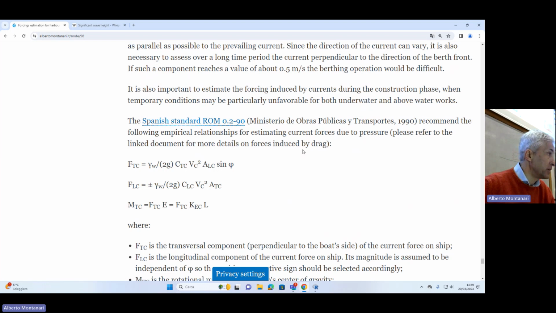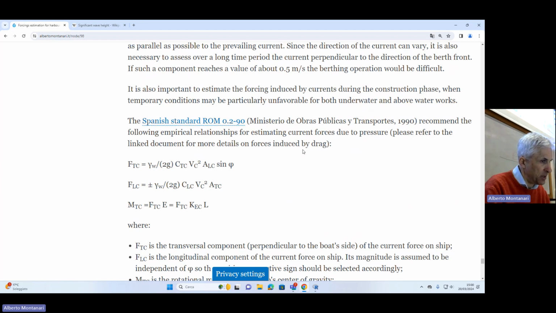If you want more details on drag, refer to the link, the Spanish standard. There is everything. The Spanish standard is quite a long document, so it is not easy to find the page you have to refer to, because you cannot use text search in this document. But anyway, you will manage if you need it. It's unlikely in the short time, so this is also why I didn't want to include it here.